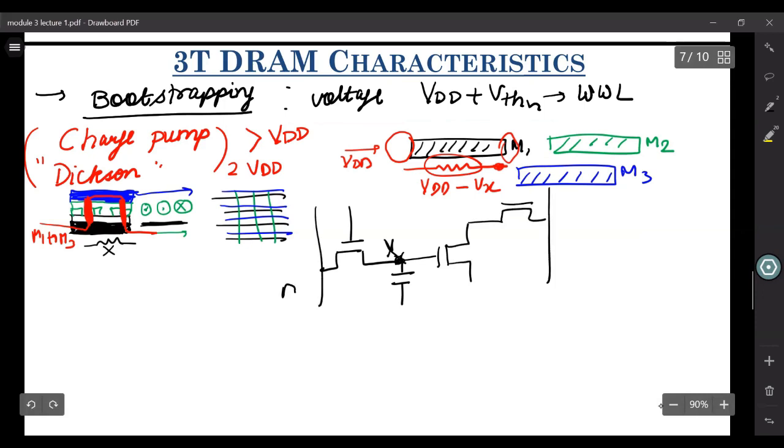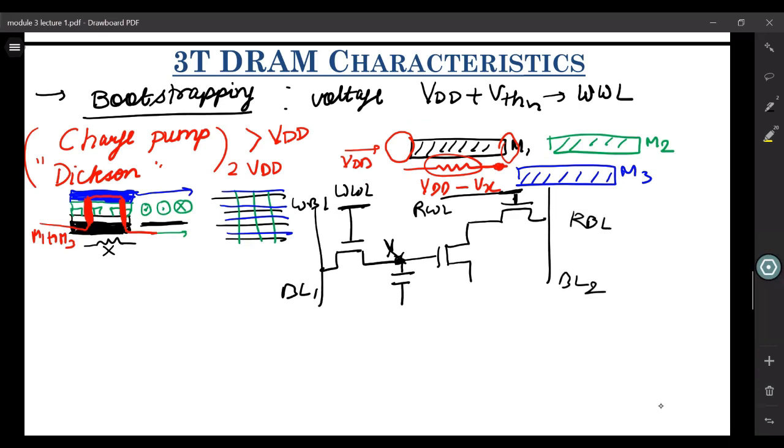This is your bit line 1, which I called the write bit line. This is connected to your write word line. This is connected to your read word line, and this is connected to your bit line 2, which I'll call the read bit line.